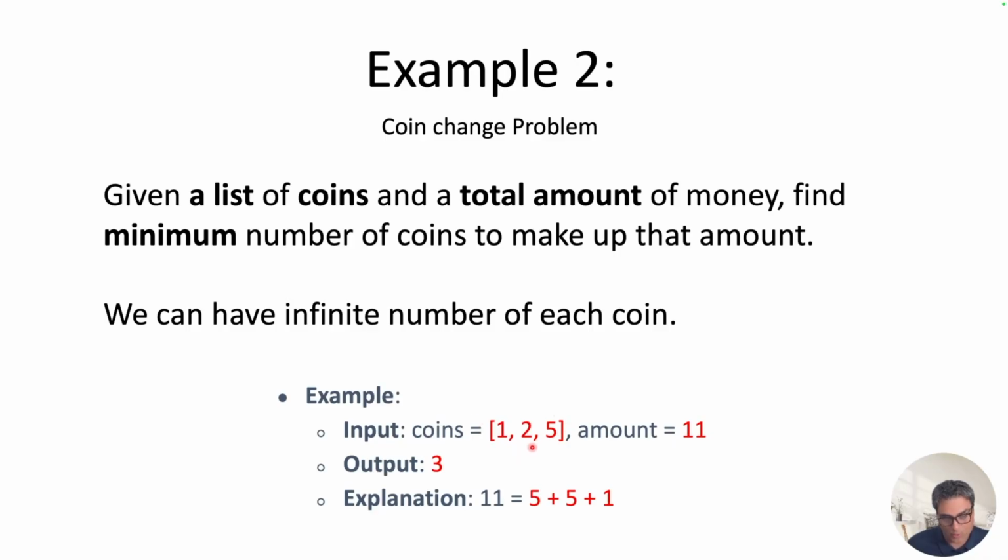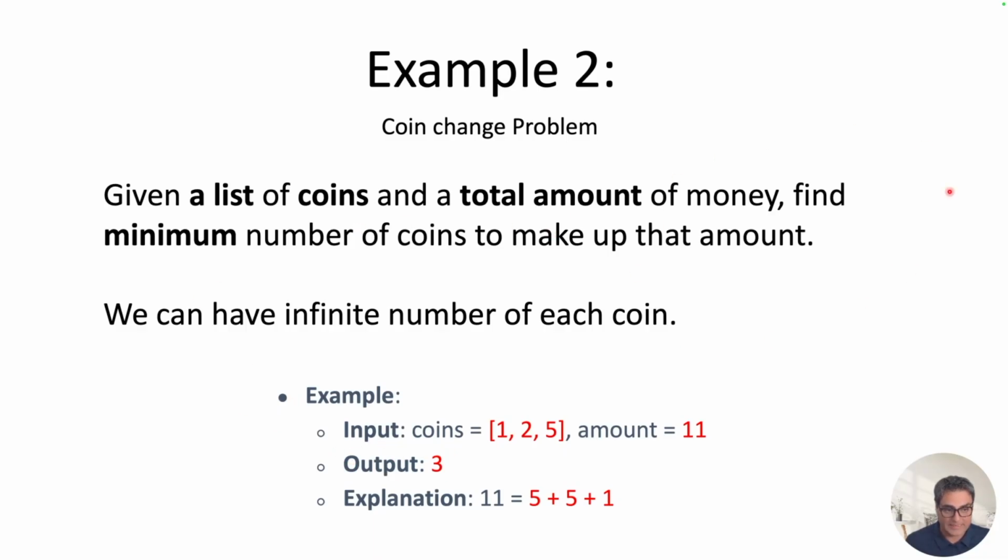How can I combine these coins to build up 11? There are various ways that you can combine these coins, but it turns out that the minimum number of coins that you can use is actually 3, which would be 2 coins with value of 5 and 1 coin with value of 1. Your solution should return 3. And that's the output of our function.